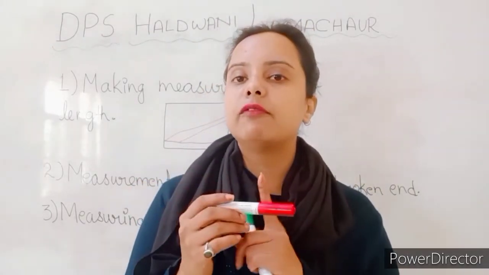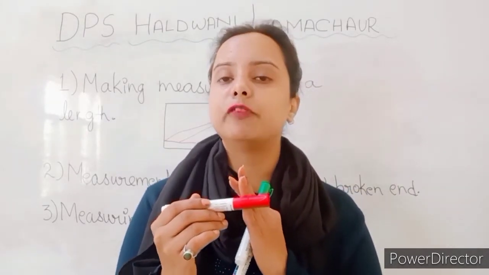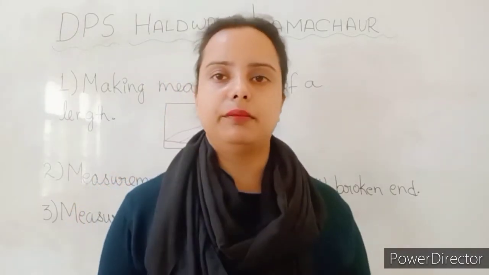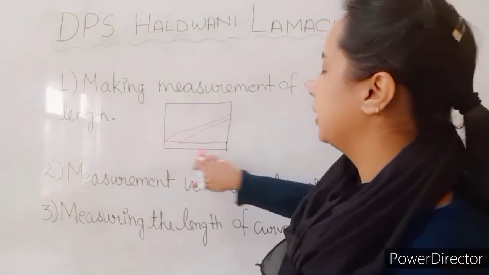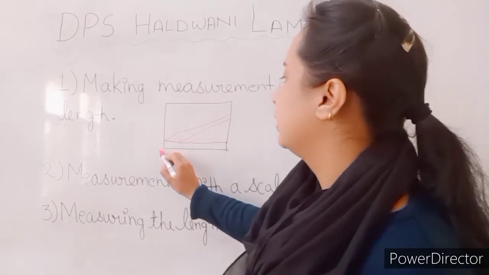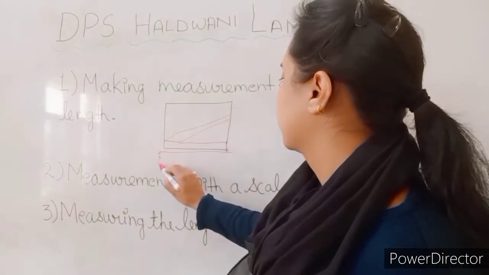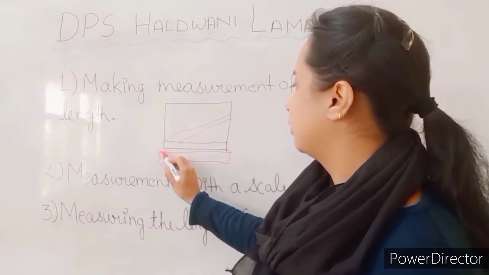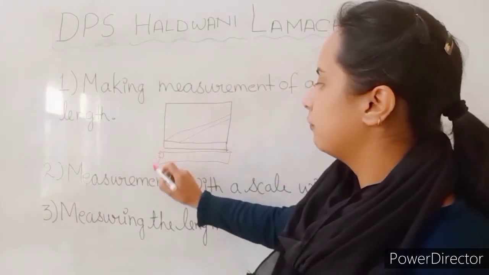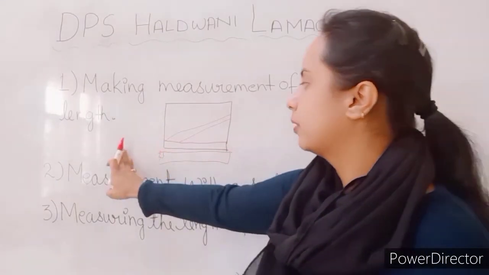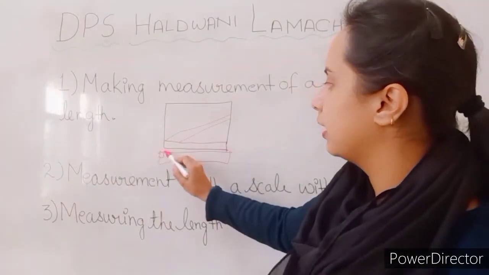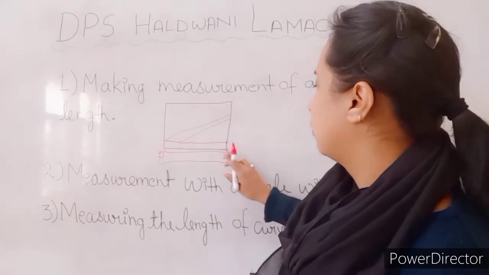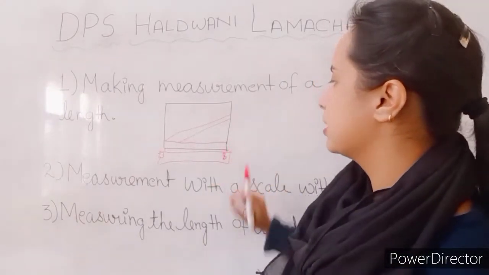If the end is broken from the front, for example, if your scale is broken up to 2 centimeter, and we take the measurement of this box with the broken end of the scale, here we start from 3. यहाँ पे से इतना स्केल आपका टूट गया, and from here we arrange it 3, then 4, and up to, for example, 8 centimeter it is coming.